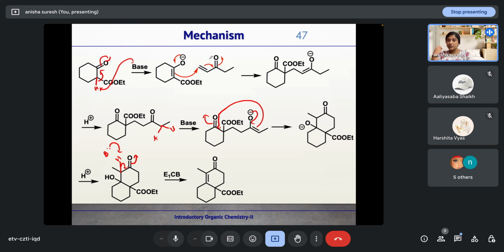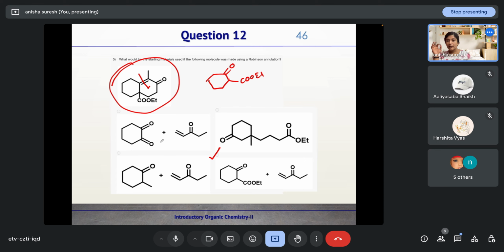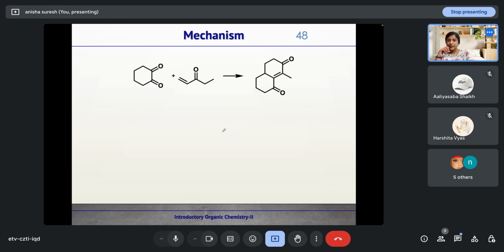You can work out what products we will get upon Robinson annulation reaction on the other starting materials. Here I have just given the starting materials and it will give this as the major product. You should work out the mechanism for each of these reactions.